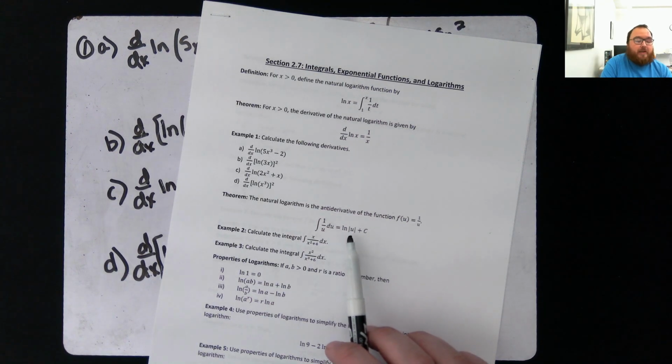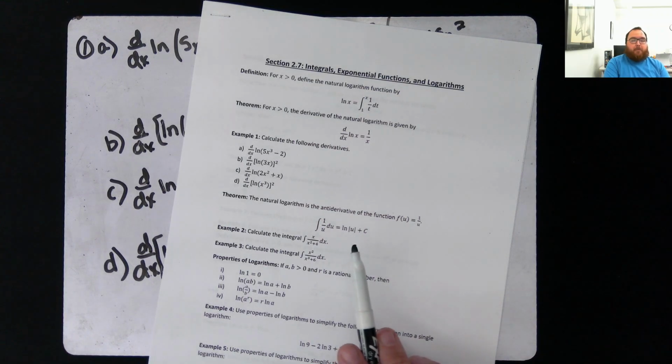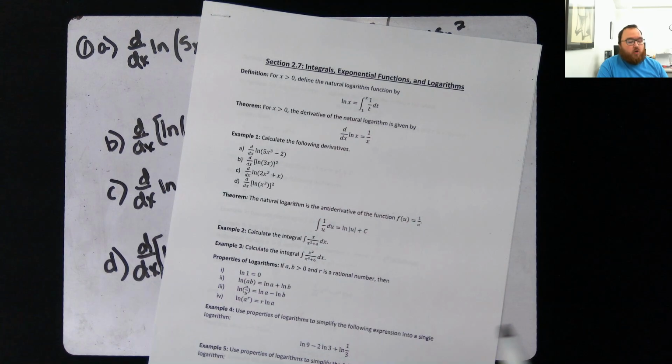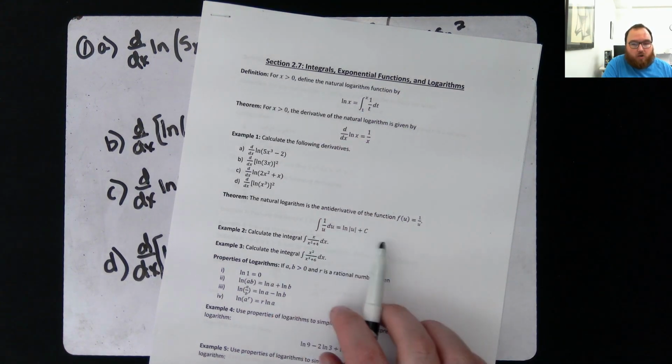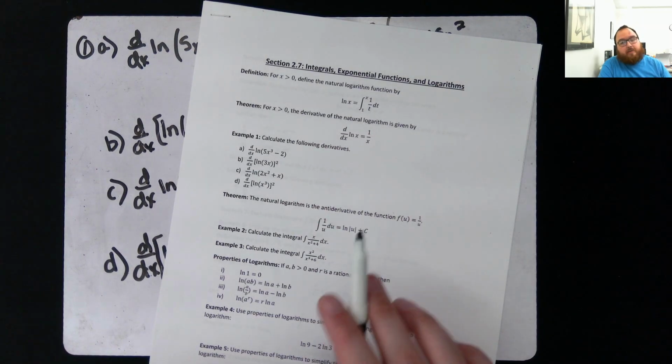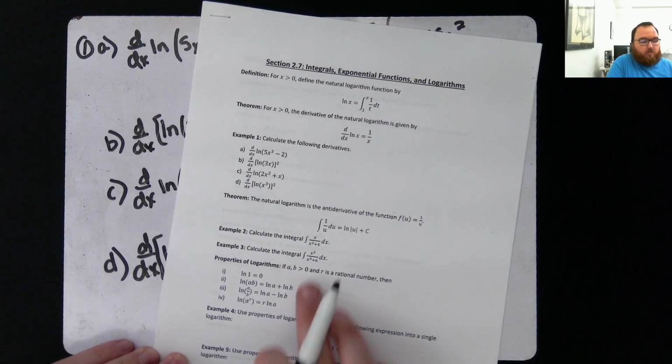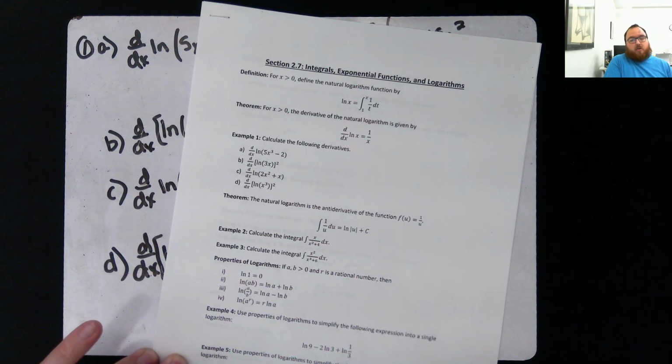Make sure that's there because everything inside of a logarithm has to be positive. And then always put plus c because I could always have a constant there, right? Again, all of this is from Cal 1. So should be a review, but if not, we have that rule here.